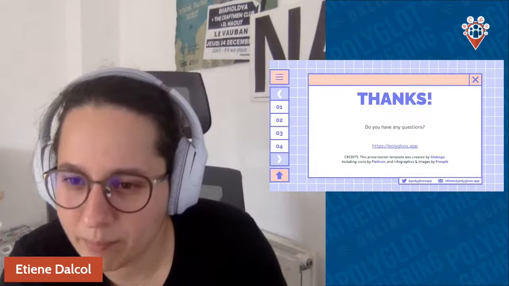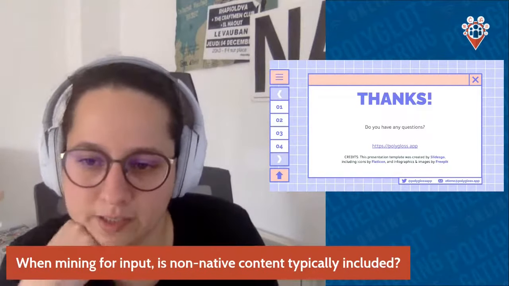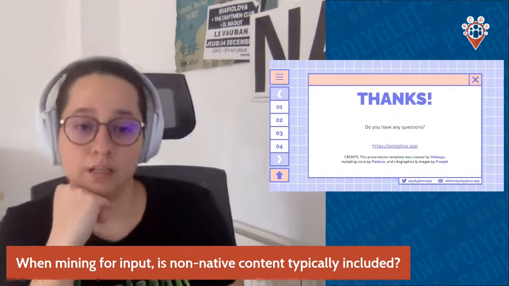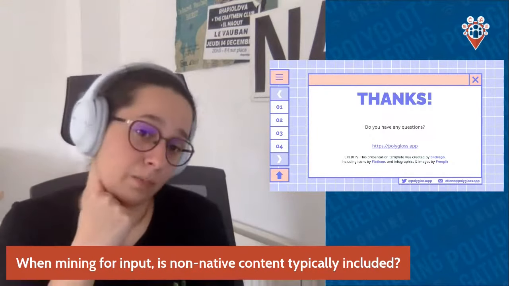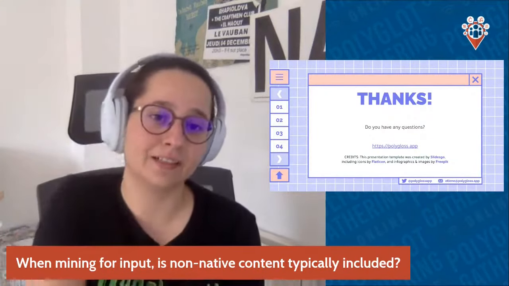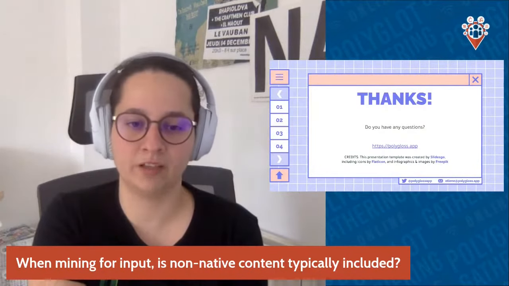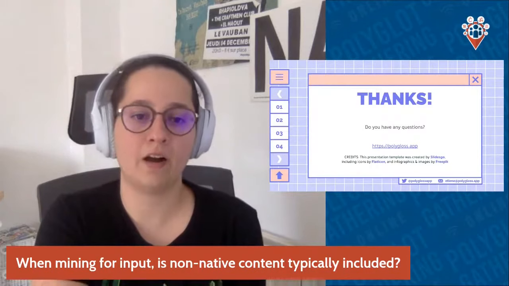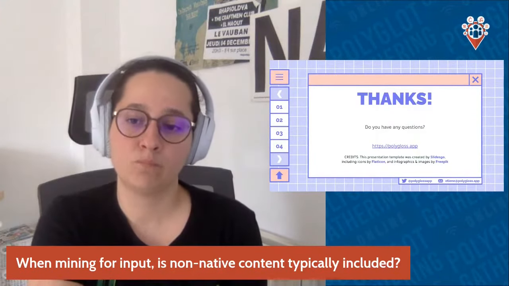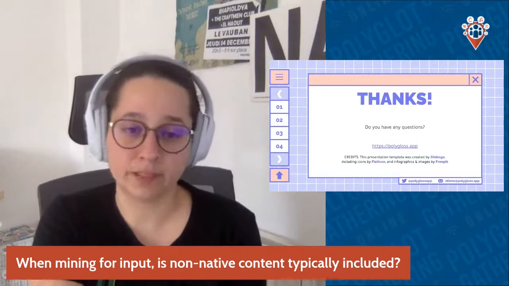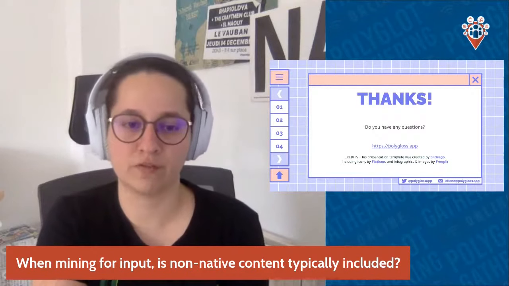When mining for input, is non-native content typically included? That depends on the model. Normally, most of the data sets they're using in research are not going to include learner language. They are not necessarily native, but they are going to be standard versions of the language.